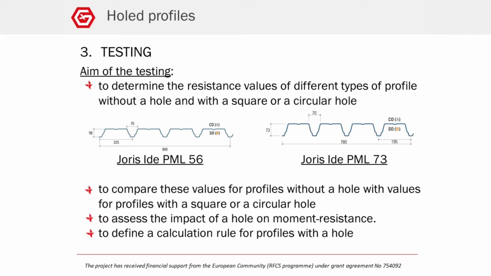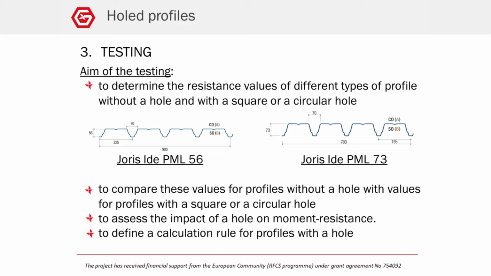The first aim was to determine the resistance values of different types of profiles, which we can see on the pictures. The tests were performed on profiles without a hole, with a square hole, and with a circular hole.